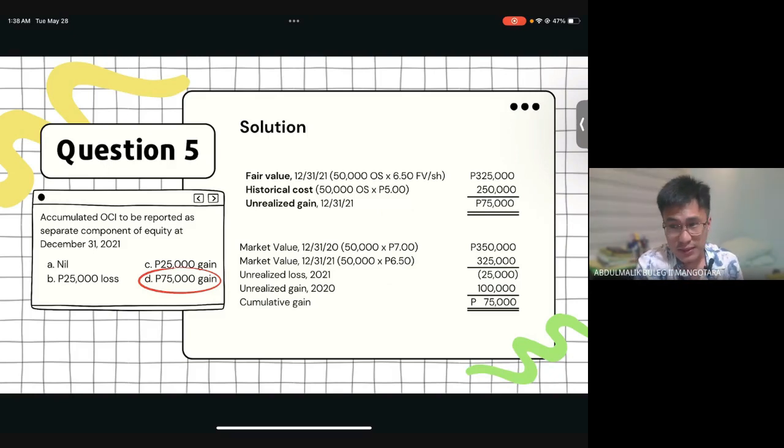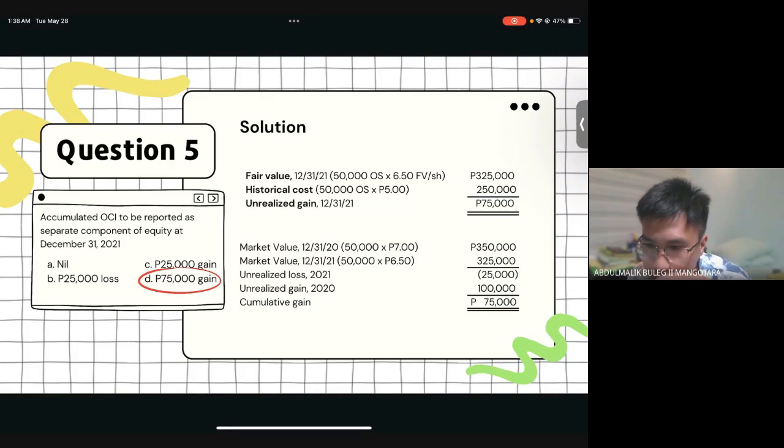You just simply deduct your market value in December 31, 2020 and your acquisition cost of 250,000, and the difference of them is your unrealized gain because the current market value exceeds your historical cost.